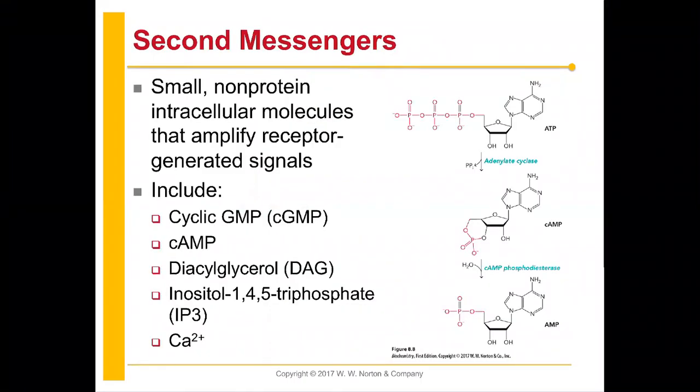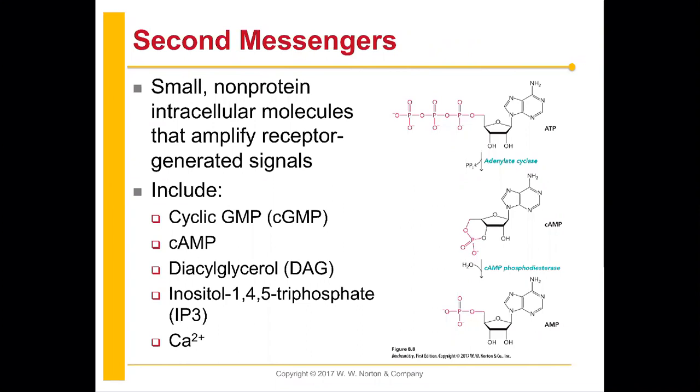But cyclic GMP is not our only super important secondary messenger. They're all small, non-protein, intracellular molecules, but they're all designed to amplify receptor-generated signals. You get a small signal in, and we want a big effect in the cell. So you'll hear about cyclic GMP and cyclic AMP, that's cyclic adenosine monophosphate.